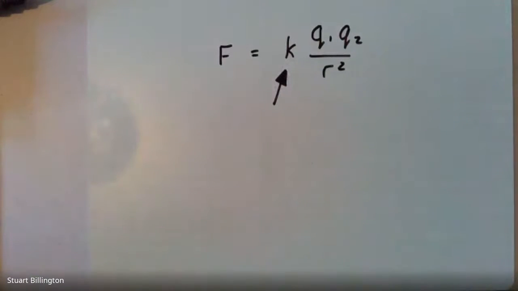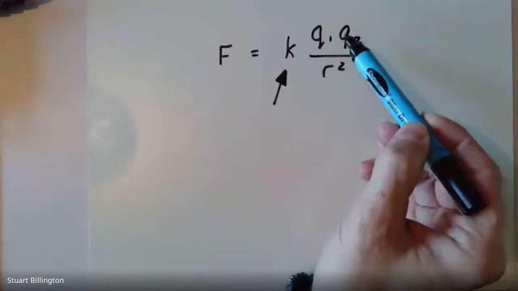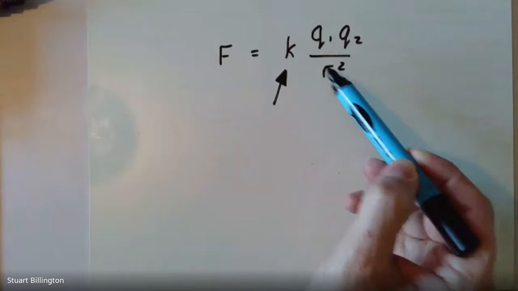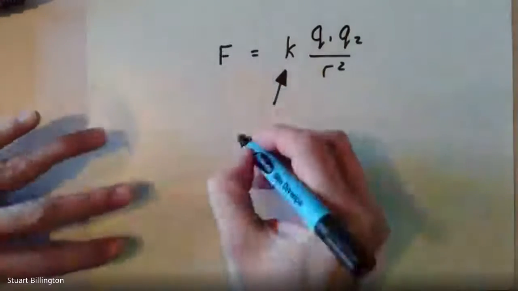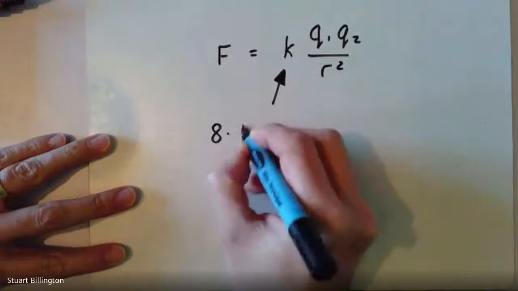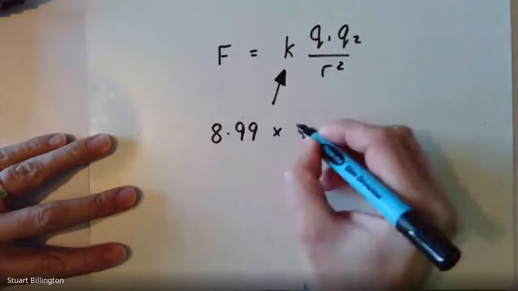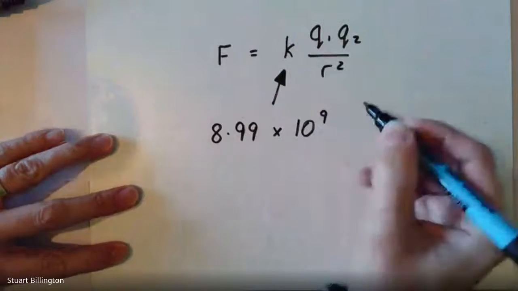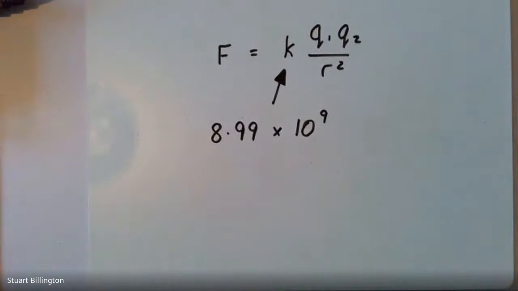It turned out to just be whatever we had to measure that could successfully turn coulombs and meters into newtons. So this constant of proportionality, when you measure it in an experiment, turns out to be quite a nice number, actually. It's pretty much 9 times 10 to the 9, which is an easy to remember number.